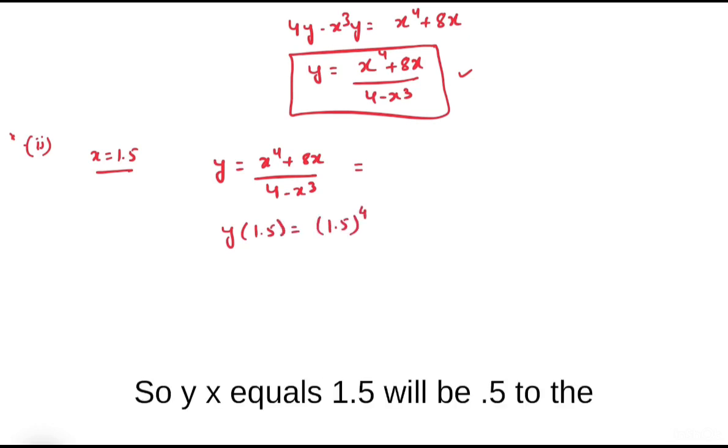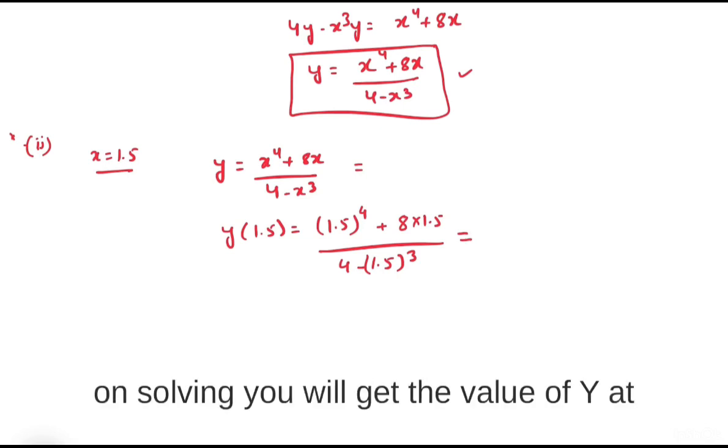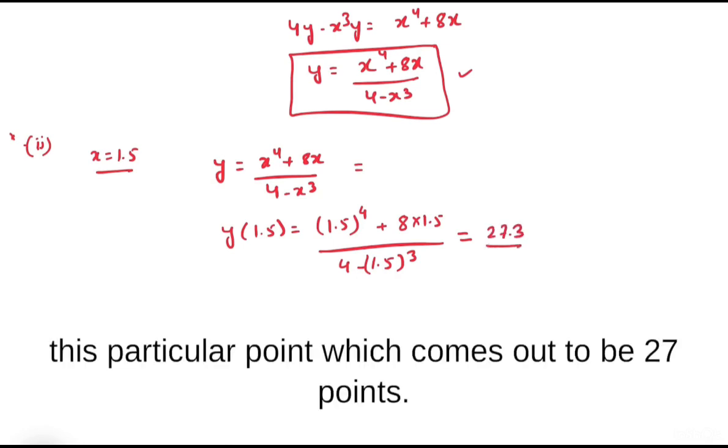So y at x equals 1.5 will be 1.5 to the power 4 plus 8 into 1.5 divided by 4 minus 1.5 cube. On solving this, you will get the value of y at this particular point, which comes out to be 27.